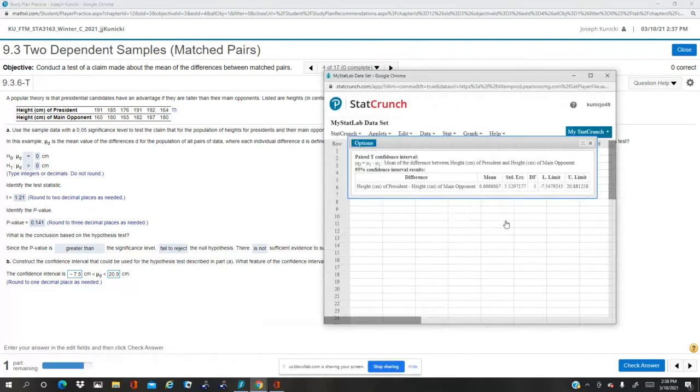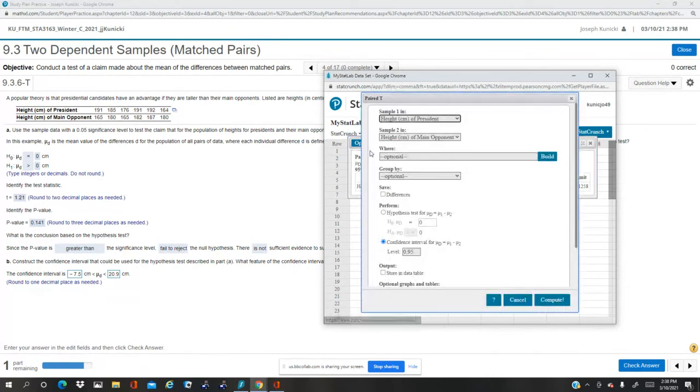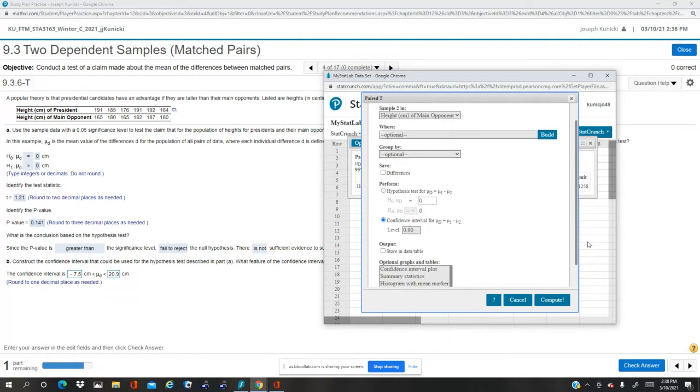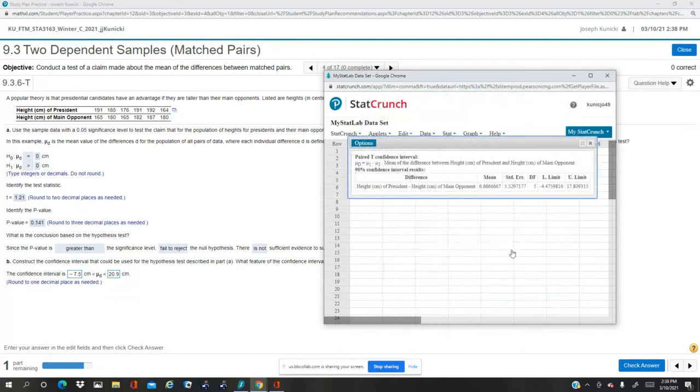I'm missing something. I still think it should be a 90. Is there anything else I'm missing? No. Try it one more time.